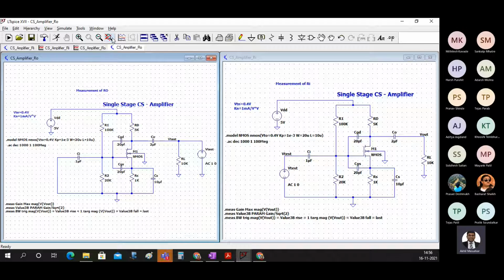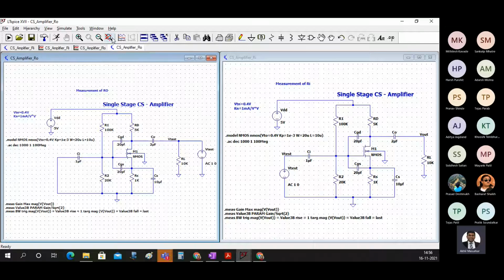So we now have our understanding of dot tran, dot AC, dot DC, dot measure, and how to use the formulas. This is just one circuit by means of which I can demonstrate this. There are many different circuits and many times very different requirements which we have to calculate.